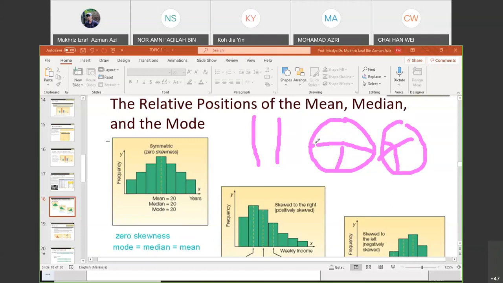So you need to go to the tire shop and do the alignment of your wheels.